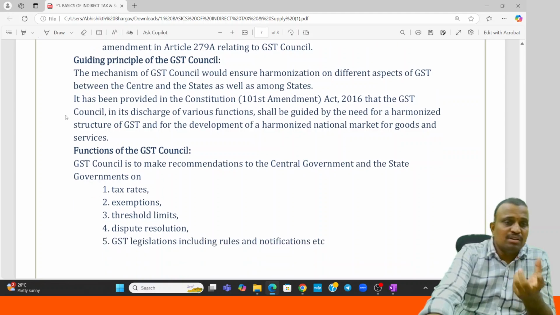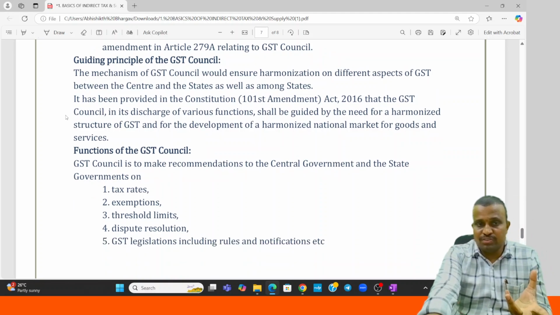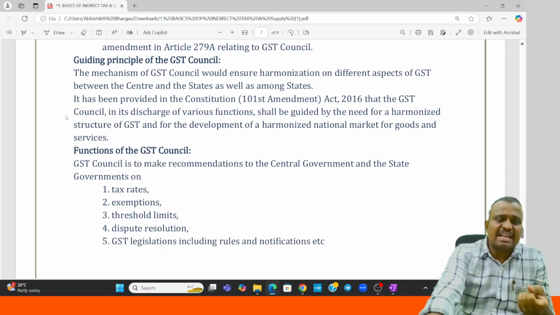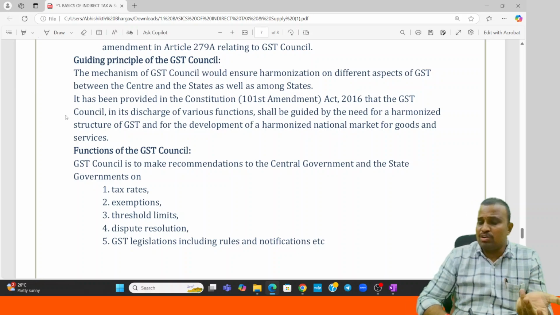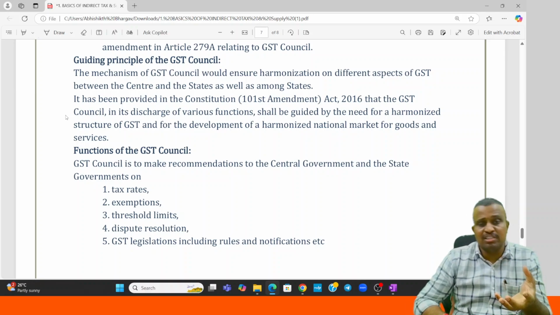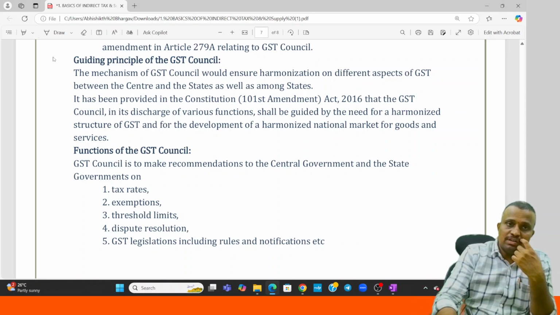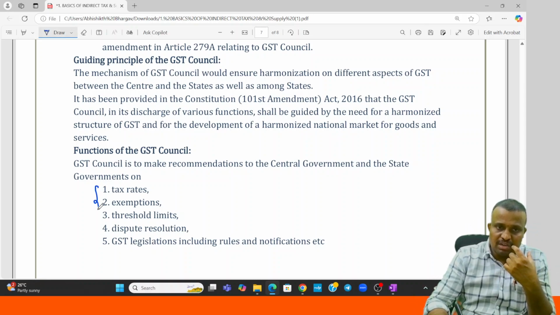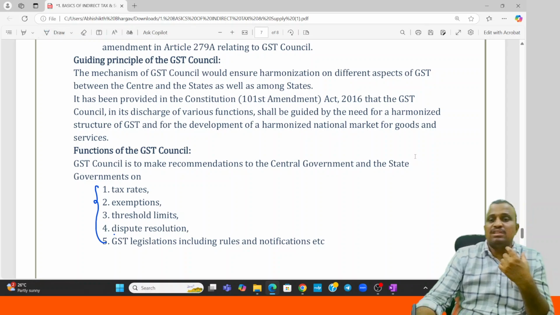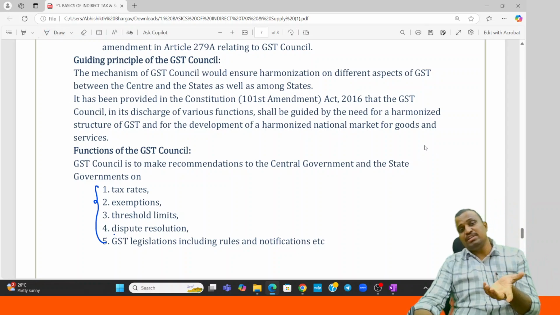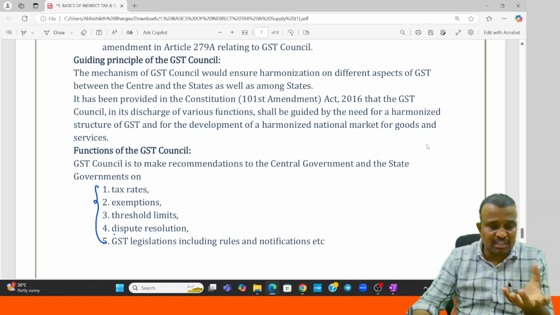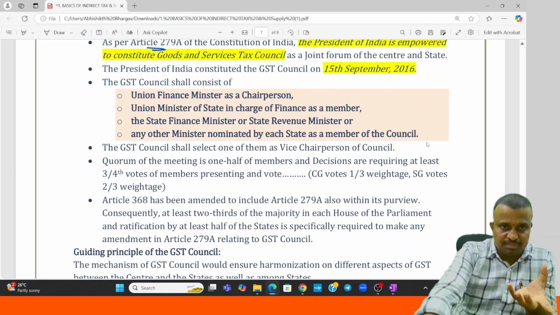For giving recommendations relating to tax rates, exemptions and policy matters, for mentioning threshold limits, and for resolving disputes if any are created. The GST legislation, including rules and regulations, and all policy matters are framed by the Council, and decisions relating to GST policy matters are taken by the Council itself.